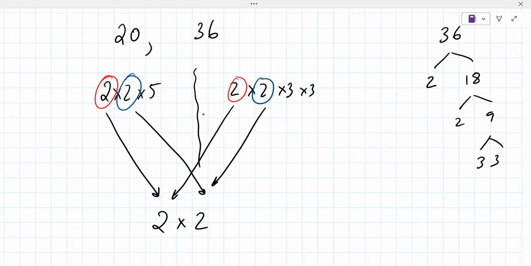No, if they both have it, you say we both have one. Oh, okay.